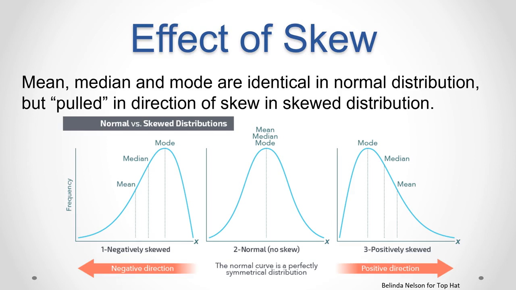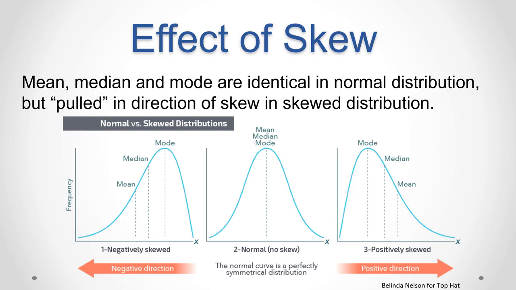In Chapter 2, we discussed skewed distributions. Remember that the skew refers to which direction the tail is pulled into. When a curve has extreme scores on the right-hand side of the distribution, it is positively skewed.